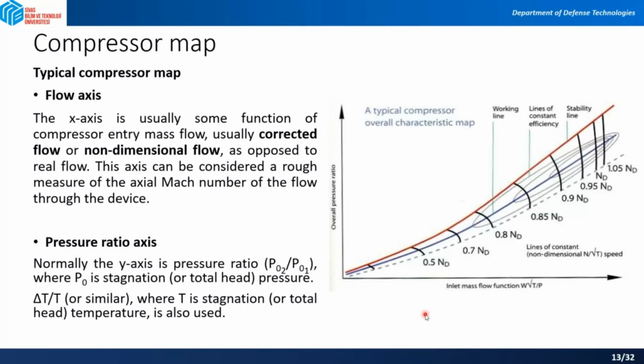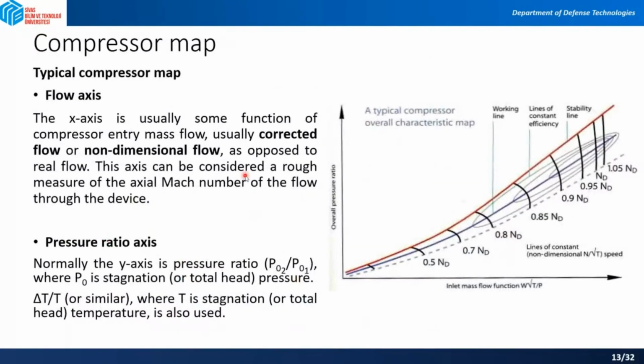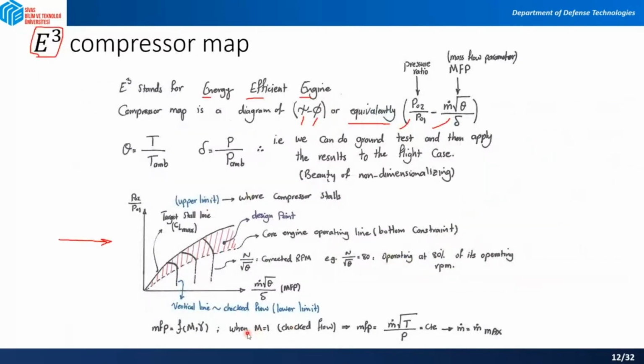This axis can be considered a rough measure of the axial Mach number of the flow through the device. When we say it is a rough measure of the Mach number, we are actually aiming this.